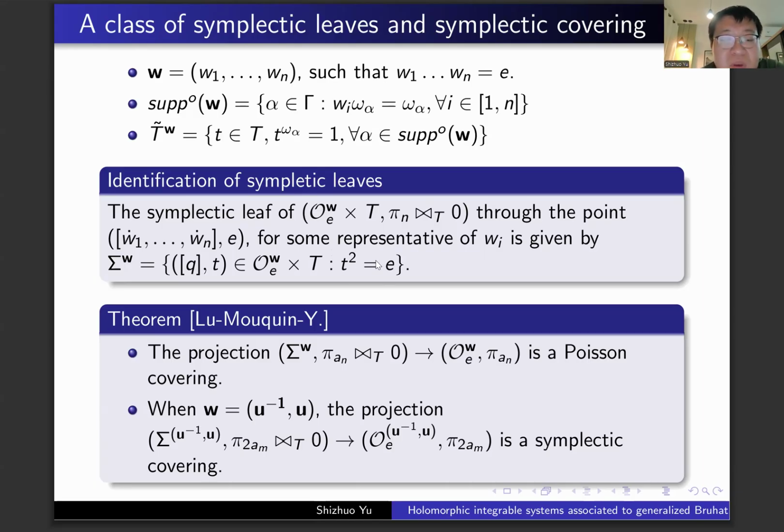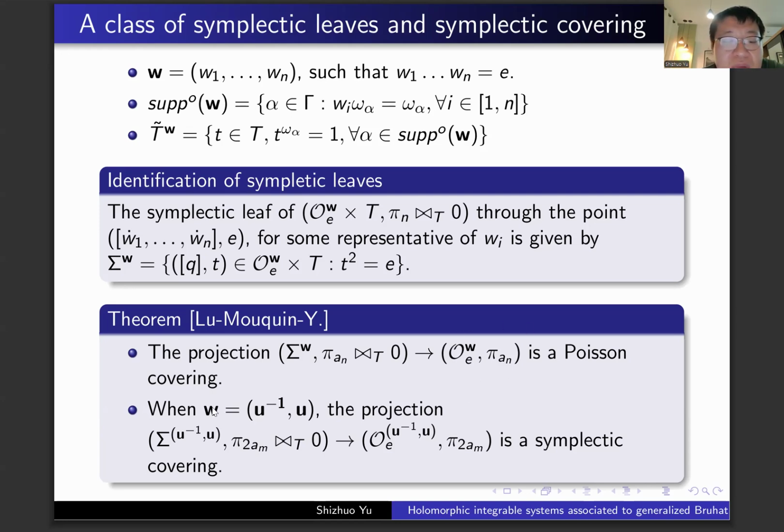But the more important fact is that the projection of this symplectic leaf over the T leaves O_W identity is a Poisson covering, because the base space is not symplectic.